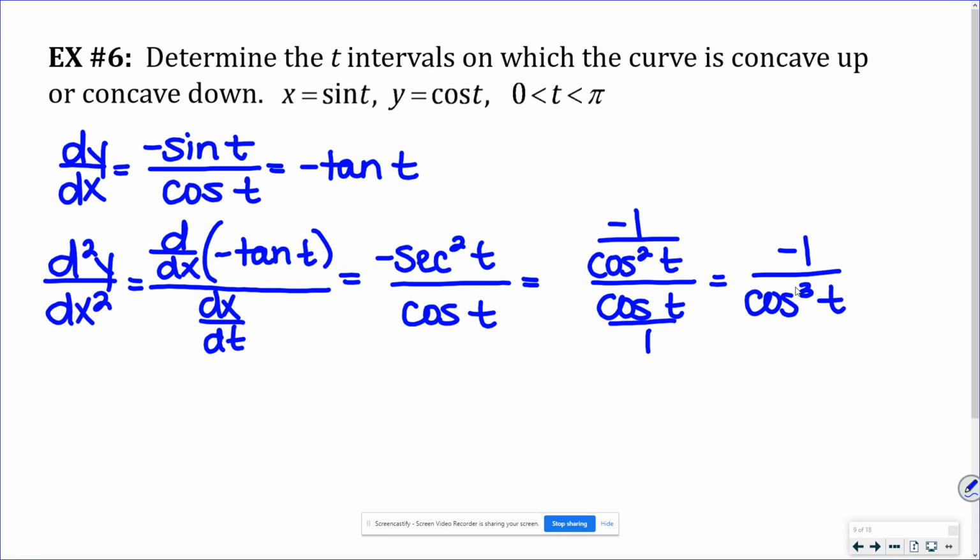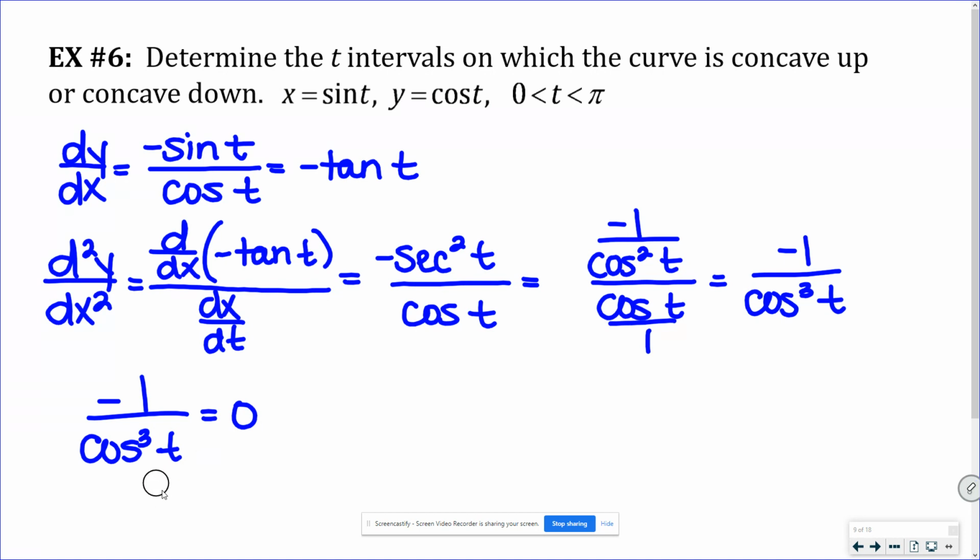So what we would do to find a point of inflection is look for either when the second derivative is equal to 0 or when it does not exist. Okay, so I can show you both. If you take your second derivative, set it equal to 0 and start to solve, you're not going to get an answer.